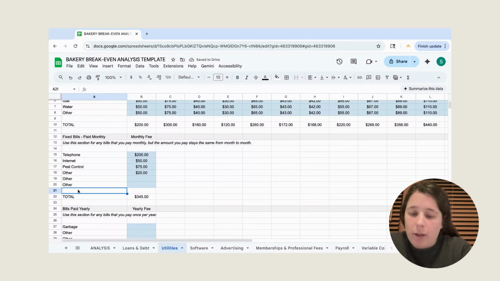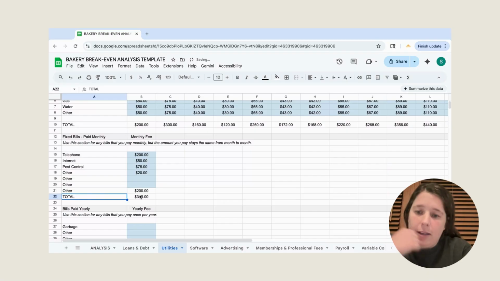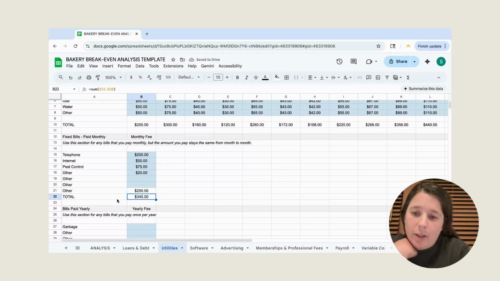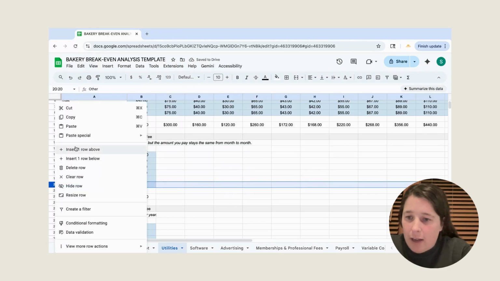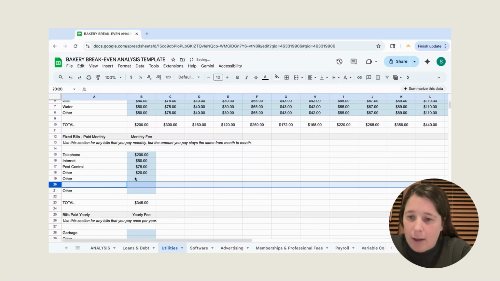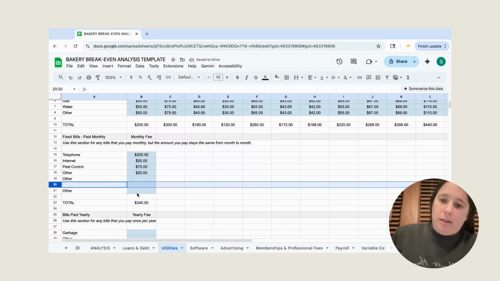If you insert the row here and put in 200, it doesn't do anything with this because the formula only covers those. So the main piece of advice is for any extra rows you want to add, always add them above one of the last rows in the formula.